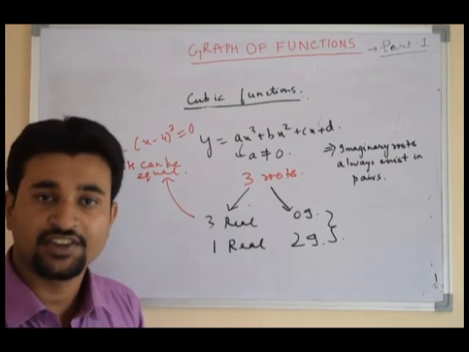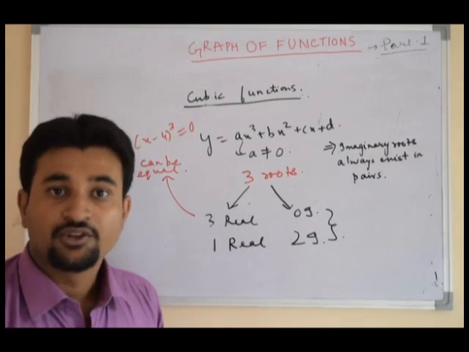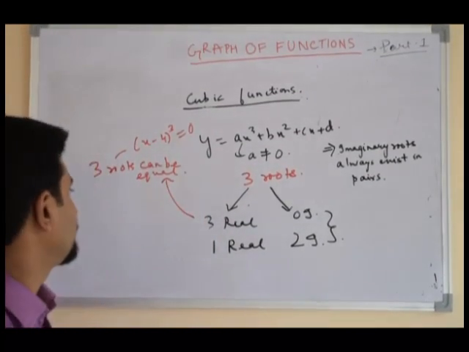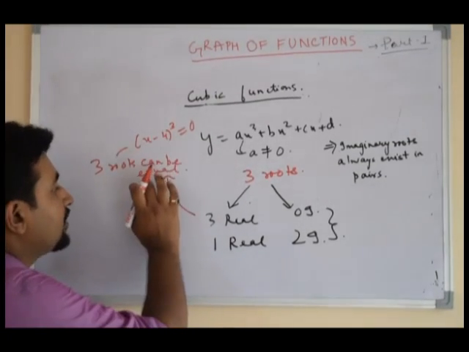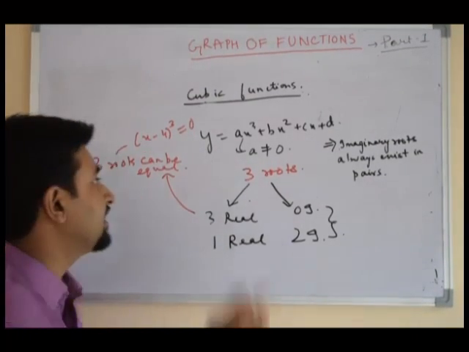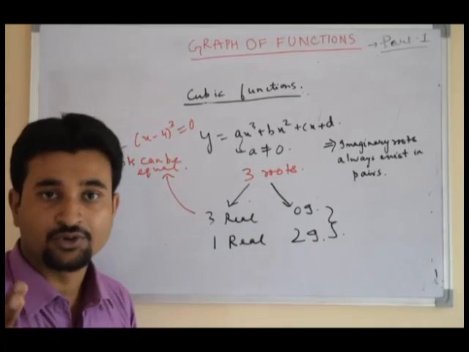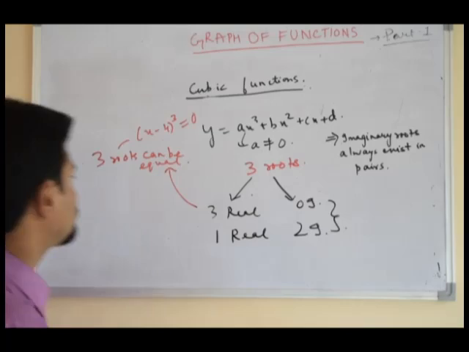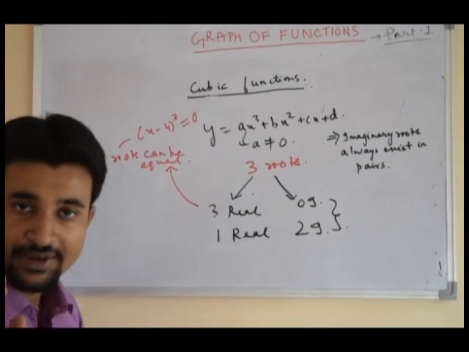What is the value of x? X equal to 4. Okay, so we say that this cubic equation has 3 roots. Okay, and all the 3 roots are equal. We don't say that this has 1 root. This has 3 roots. The value of all the 3 roots is 4. Okay, so the first case is 3 roots can be equal.